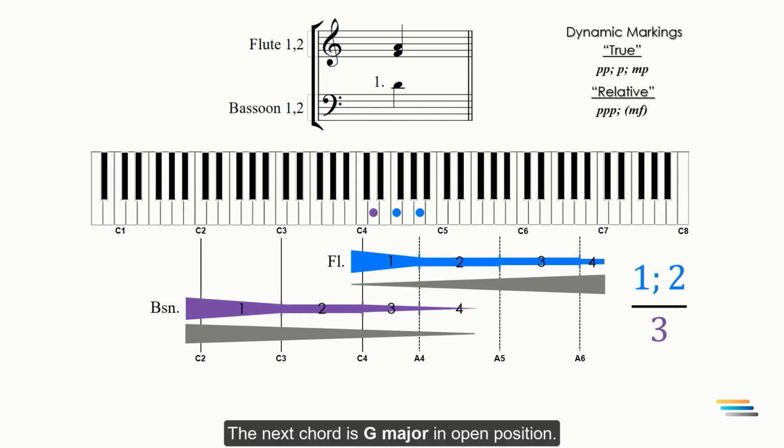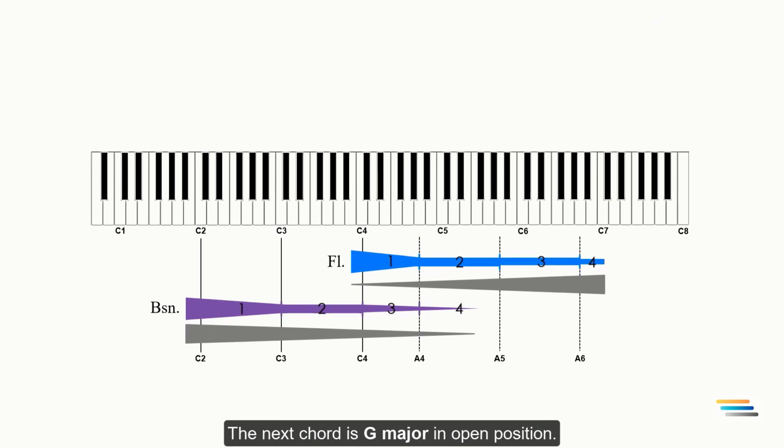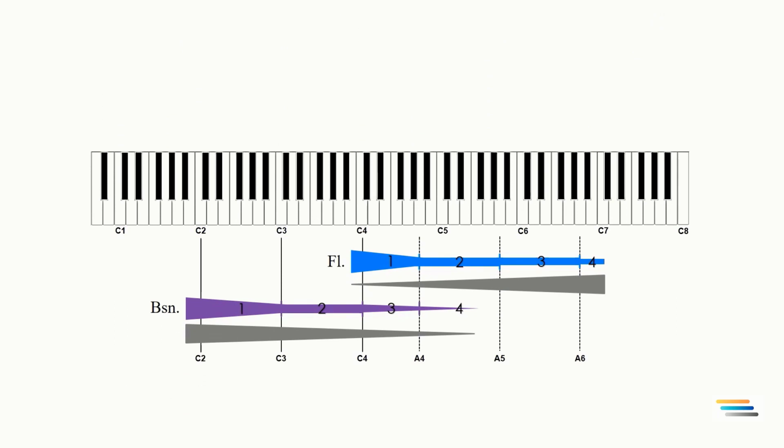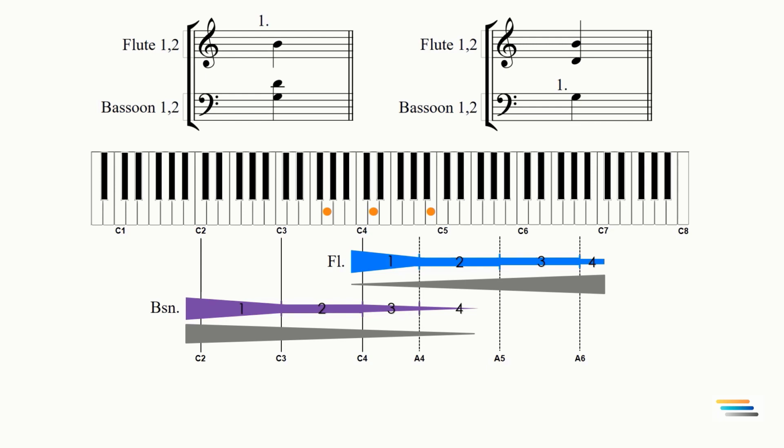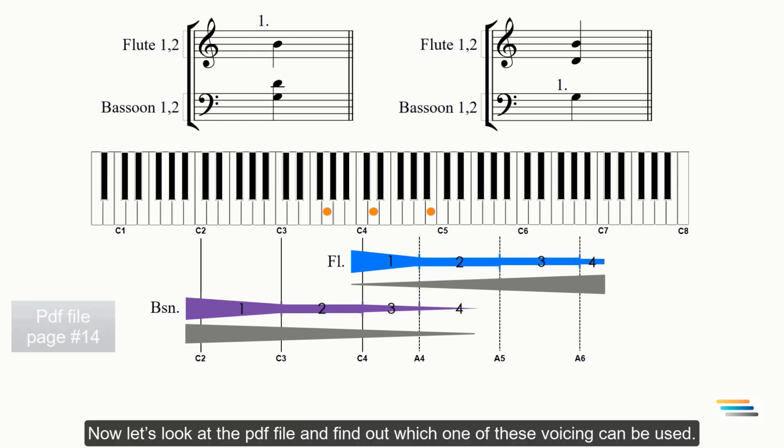The next chord is G major in open position. Now, let's look at the PDF file and find out which one of these voicings can be used.